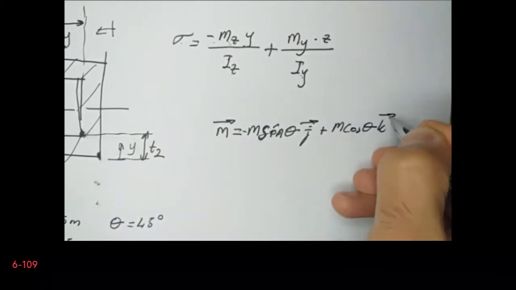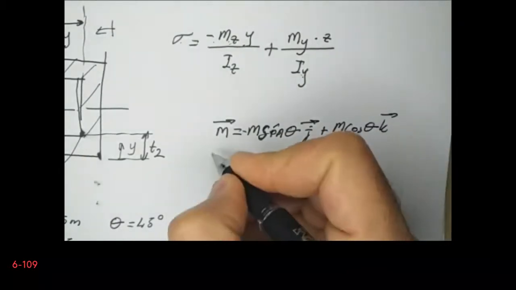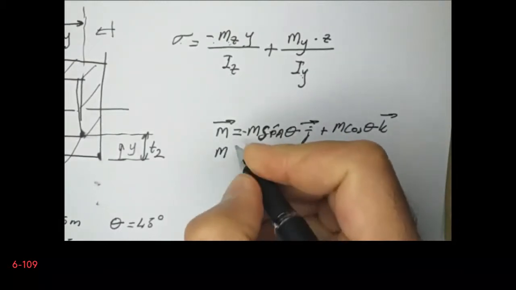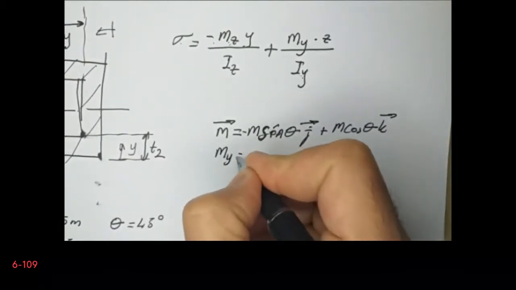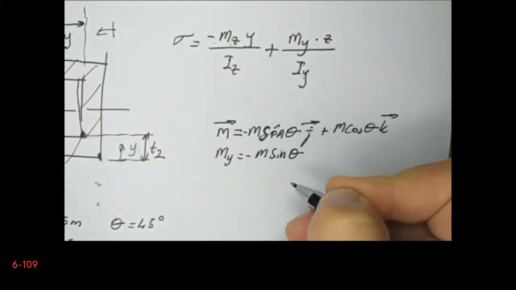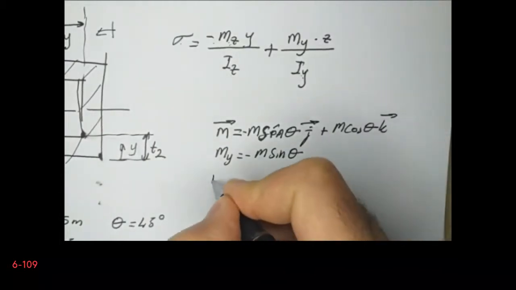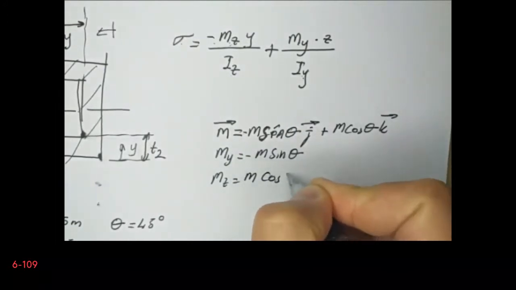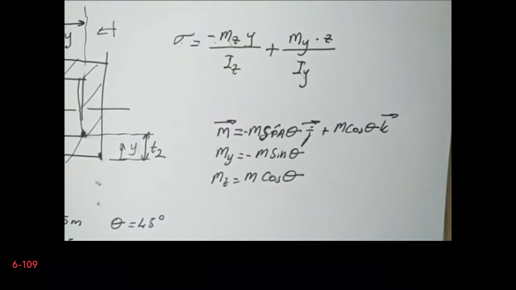Or in other words, we can write My is equal to minus M sine theta, and Mz is equal to M cosine theta. So now we know the moments.